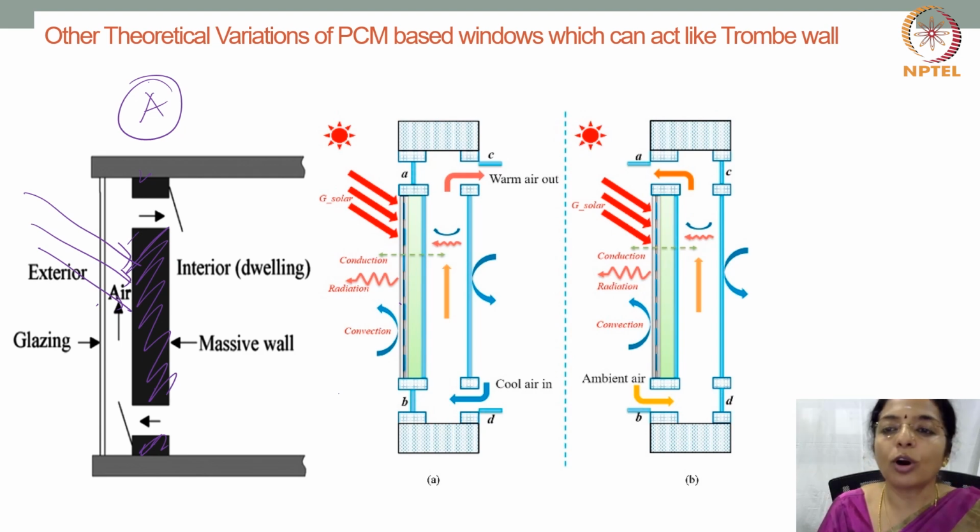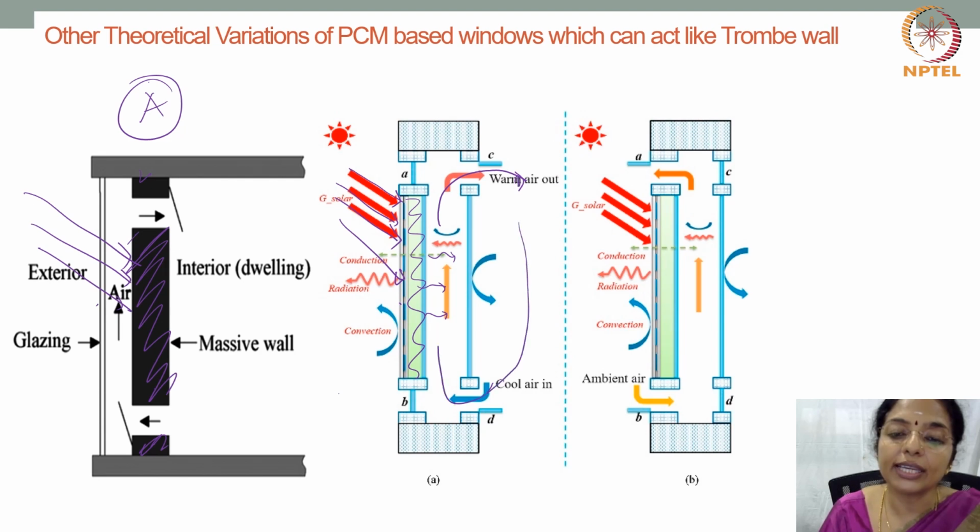Now what happens is, during winters, the solar energy falls on the PCM encapsulated glass, and this heats up this place gradually, because the PCM is storing the heat and it releases it gradually, and you are able to use this to draw the cool air outside and make it warm and throw it inside.